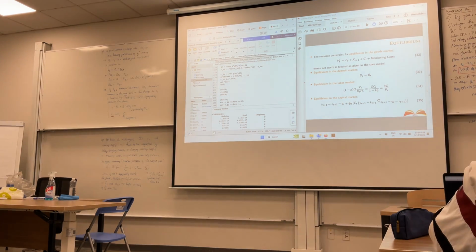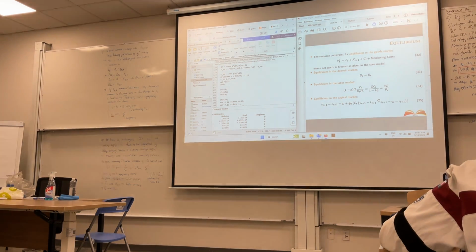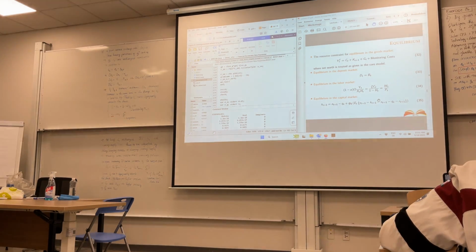And that is simply equal to 1 minus H bar. Okay, so I have 1 minus H bar times W hat_T minus H bar plus H bar H hat_T equals 1 minus H bar C hat_T.